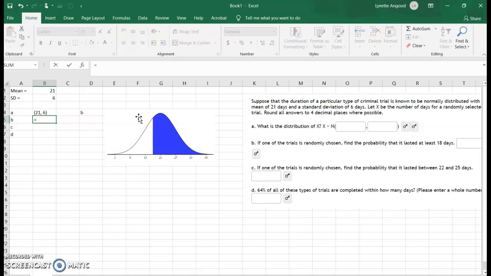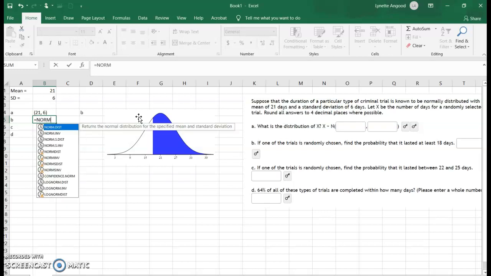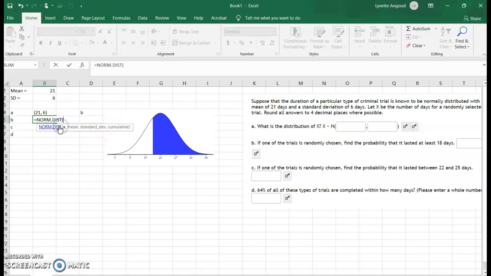So equals always has to be entered first whenever you are wanting Excel to calculate something. So equals, and then I'm going to just start to type norm. And you've seen from his video that norm.dist will find for you the area under the normal curve within a particular interval. So I'm going to double click on that.